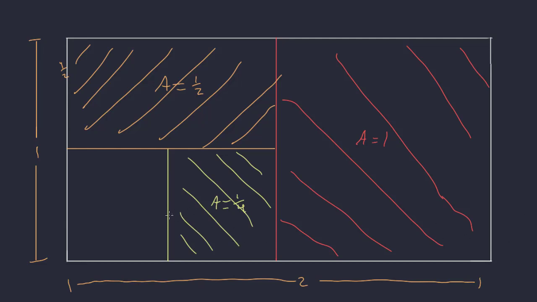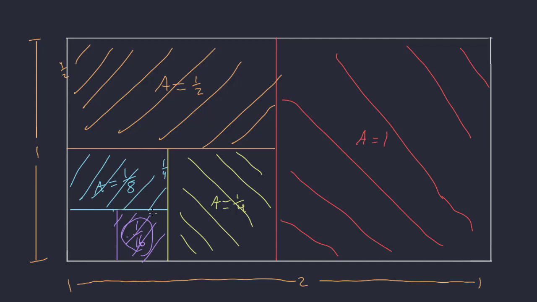Okay, and then I'll continue this pattern. I'll cut what's remaining here in half. This is already a length of 1/2, so this is a length of 1/4 by 1/2. So this area will be 1/8. And then I will cut what's the remaining bit in half again. So what we'll have now is a 1/4 by 1/4, which is 1/16.